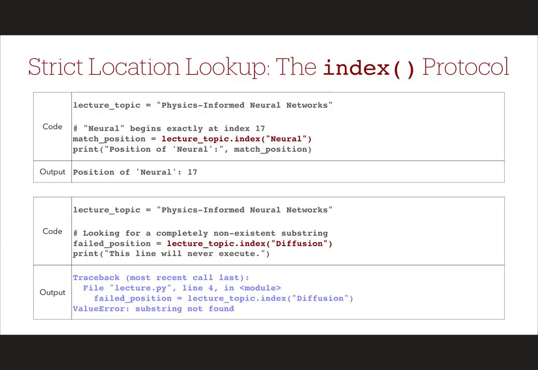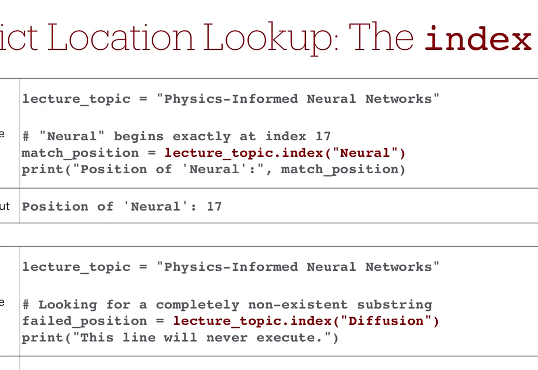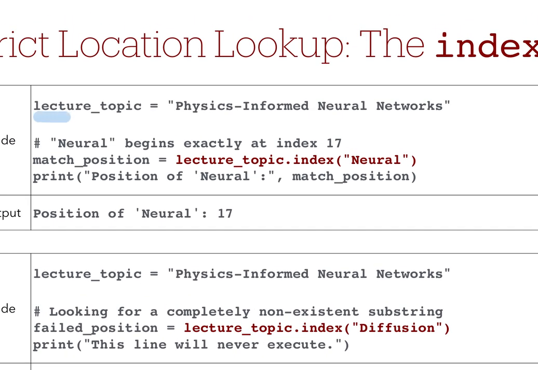So here is some code. Given some character string, say the lecture topic is physics-informed neural networks. This is one of the research topics in data science. Anyway, here I have the index function with neural. Neural exists as a substring inside of this lecture topic.